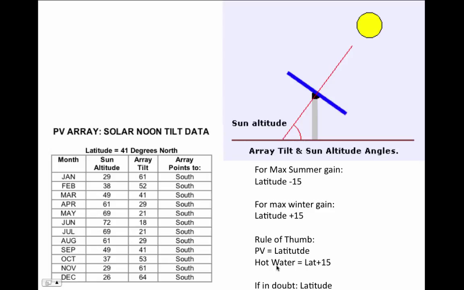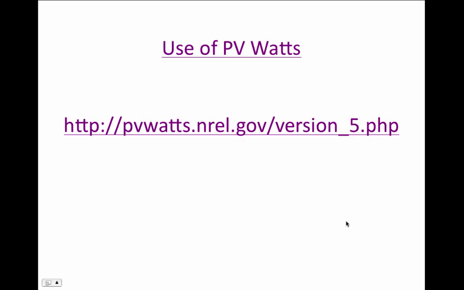But with solar hot water, the efficiency is directly related to how cold it is outside. And so in the summertime when it's hot, they're very efficient. If you lose some solar energy, it doesn't matter as much. So with solar hot water, what you typically want to do is pick it up so that it's latitude plus 15. It favors the winter sun. But if you're in doubt, just go with the latitude.